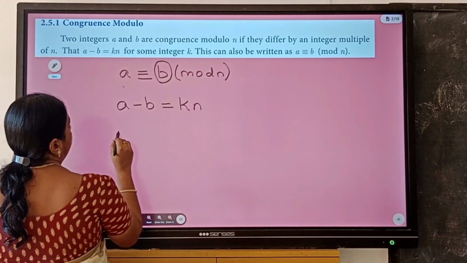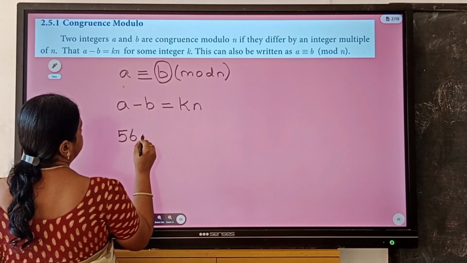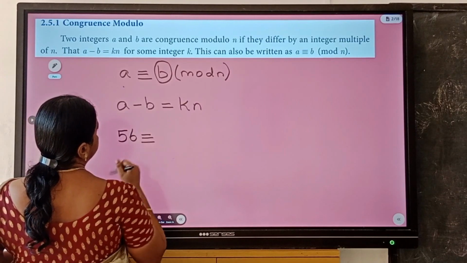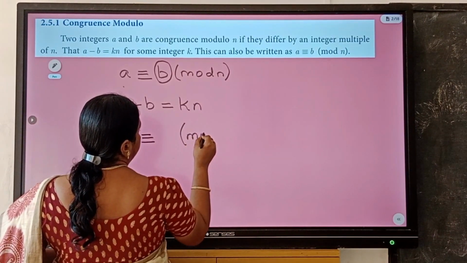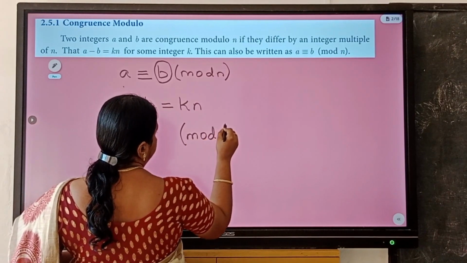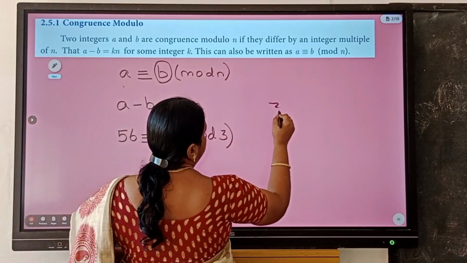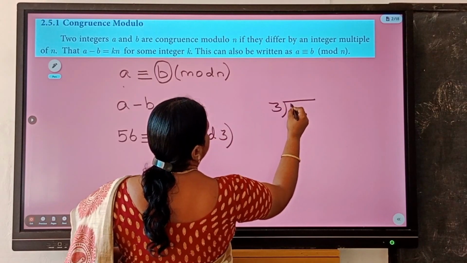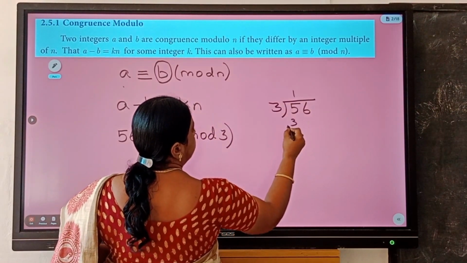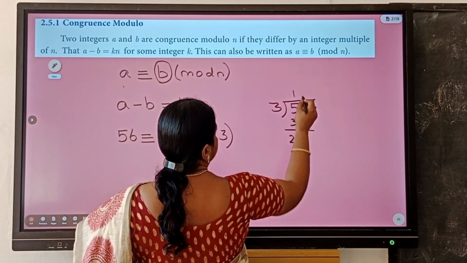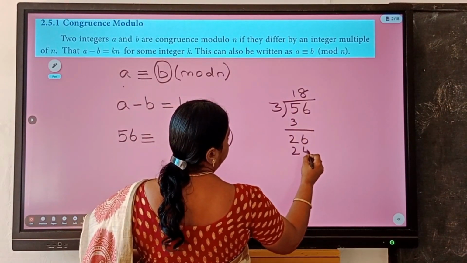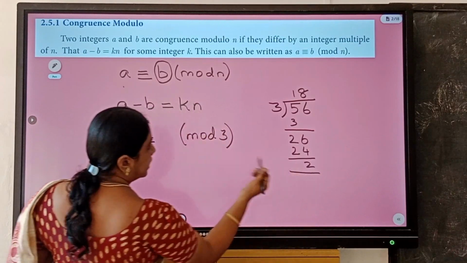So if we take the number 56, when you are dividing it by 3, let's see what the remainder will be. 3 ones are 3, 3 eights are 24, and your remainder is 2.